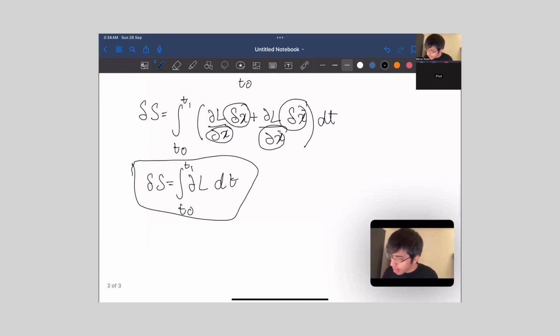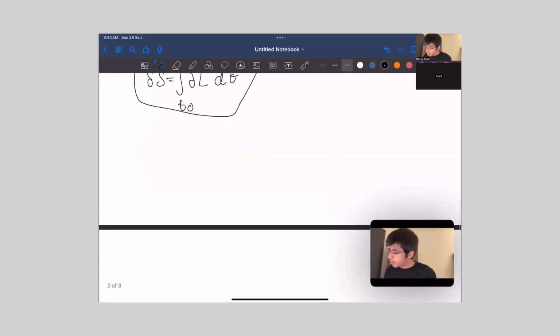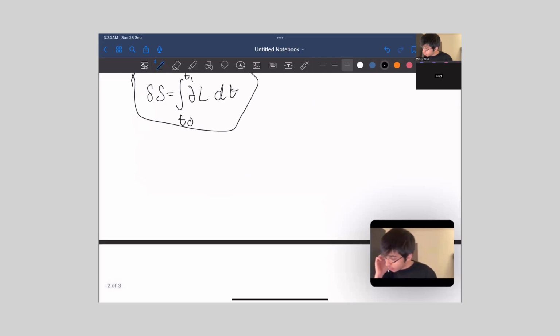So I'm just writing this part to again be mathematically precise. Okay, so once we have this, we can start gerrymandering the equation a little bit.